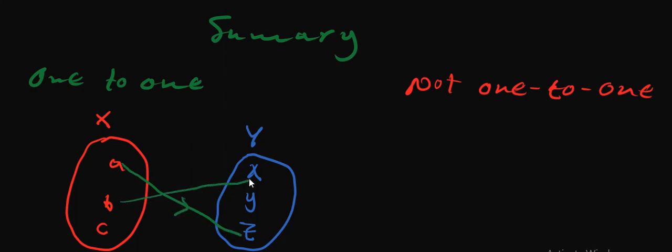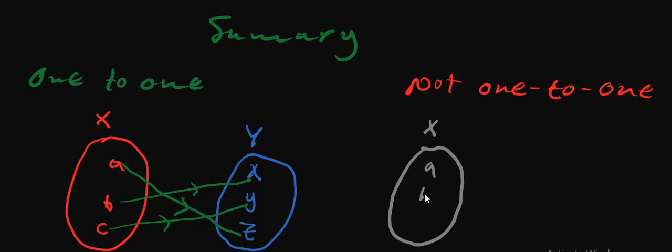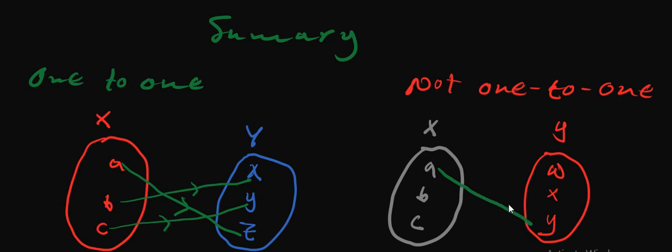So in this case, A only has Z, B only has X, and C only has Y. Then when you talk of a not one-to-one function, let's say this is your X, the domain, with members A, B, C. And then you have your Y, with members, let's say W, X, Y. When you work this out, you discover that maybe one of these has two products or two ranges.